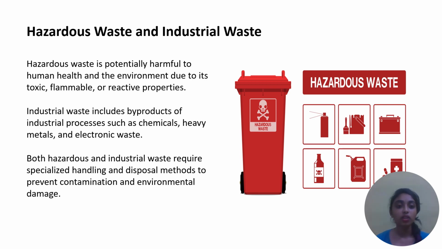Hazardous waste is potentially harmful to human health and the environment due to its toxic, flammable or reactive properties. Industrial waste includes byproducts of industrial processes such as chemicals, heavy metals and electronic waste. Both hazardous and industrial waste require specialized handling and disposal methods to prevent contamination and environmental damage.